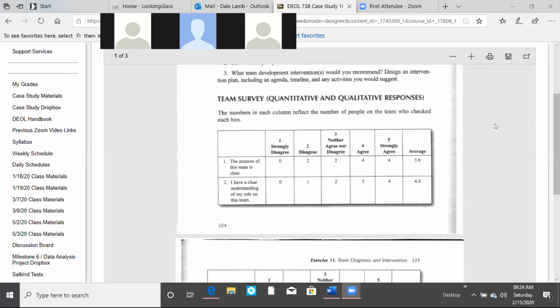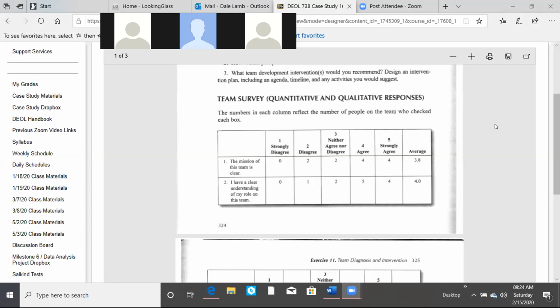Let's look at our Likert scale. What are our choices? Somebody call out what are the categories that you could have picked here? Strongly disagree, neither agree or disagree, agree, strongly agree. And then we look at our average, and our average doesn't look too bad at all. Right. It doesn't match our qualitative, though.